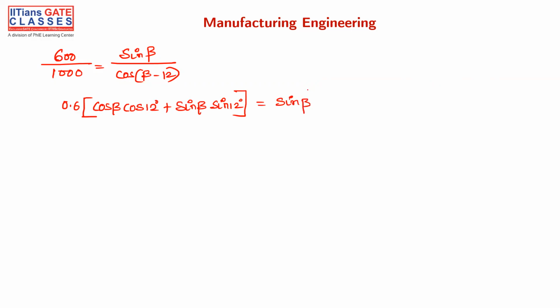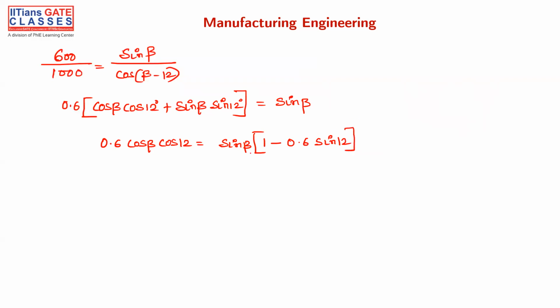Now what we have to do is take cos beta and sin beta common, that is 0.6 into cos beta into cos 12 is equal to, let's take sin beta common. If you take sin beta common, that is nothing but 1 minus 0.6 into sin 12, right?